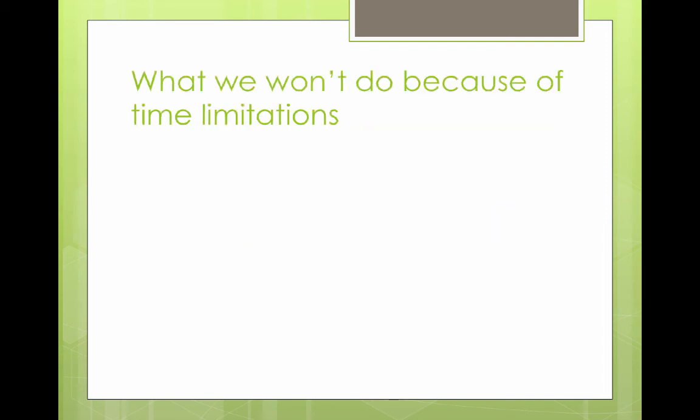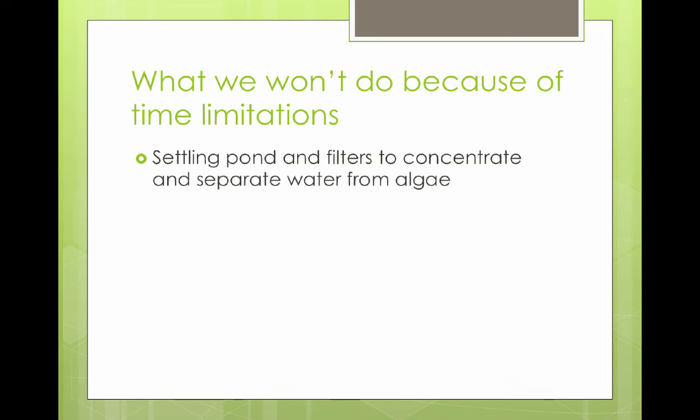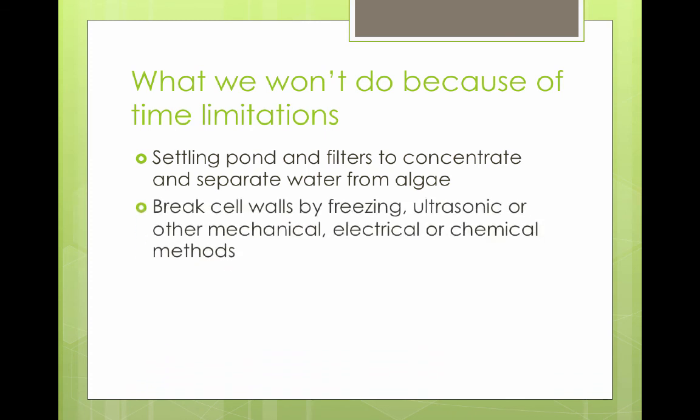Now, what we won't do in this project, because we are limited on time and resources, is harvest the algae from our actual reactors. We would have to separate that and concentrate the algae. Often that's done using a settling pond and filters to get some of that water out that we really don't need for processing. We also won't be breaking the cell walls.